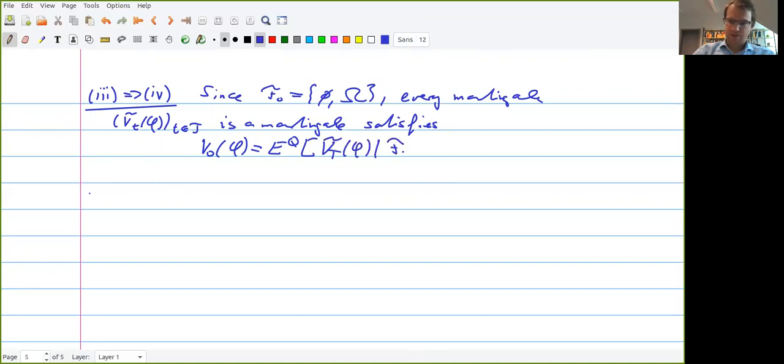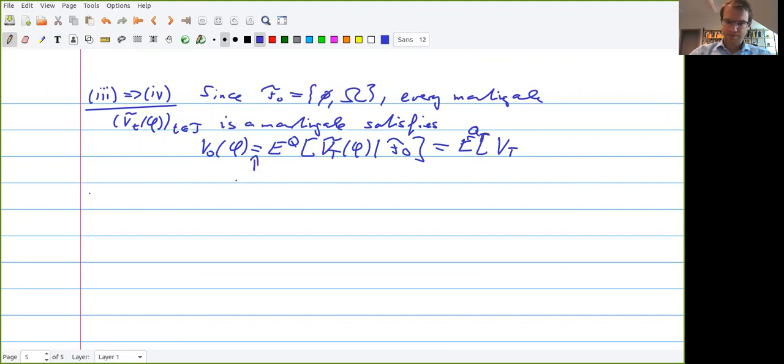Sorry, because our filtration is trivial, we have this identity. So the conditional expectation with respect to the trivial sigma algebra is just the expectation. And this means we have this.